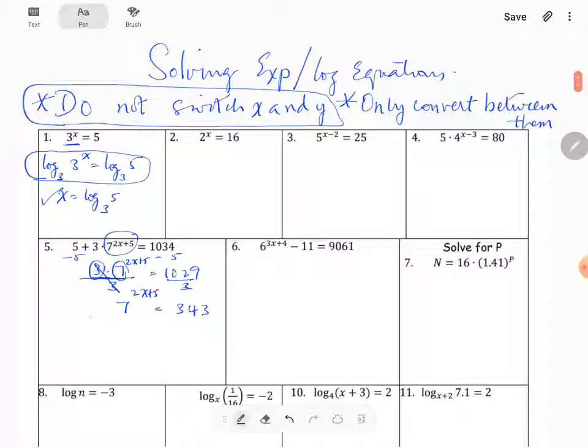Okay, so this will be log 7 to the 2x plus 5 base 7 equals log 343 base 7, and this is gone, right? And as I was telling you earlier, 7 to the power of 3 is 343. Log evaluates to an exponent.